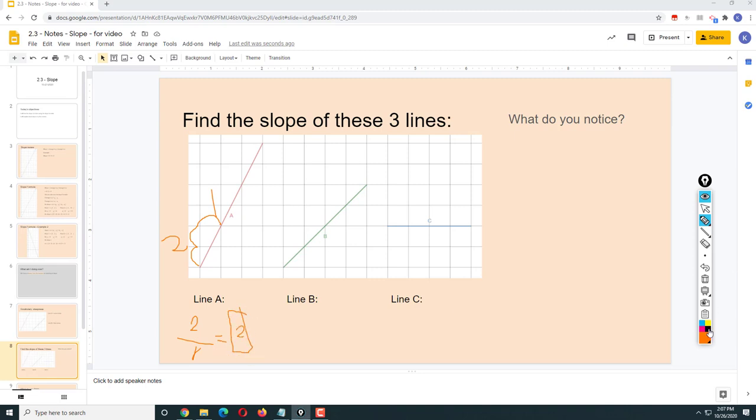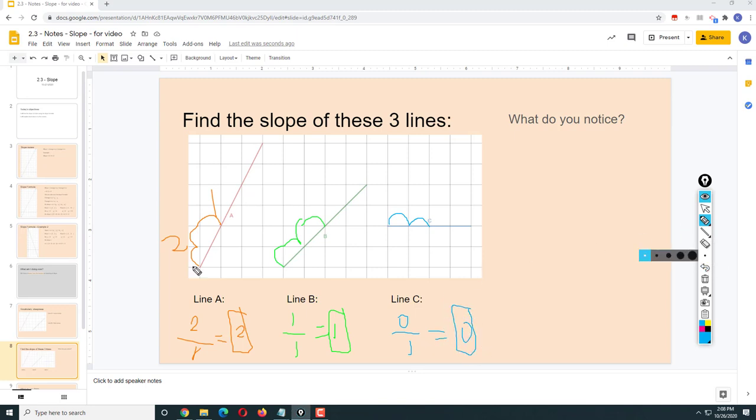Slope of line B is 1 over 1. So slope of line B is 1. Slope of line C is not going up, it's not going down. So it's 0 over 1 or 0 over 2.